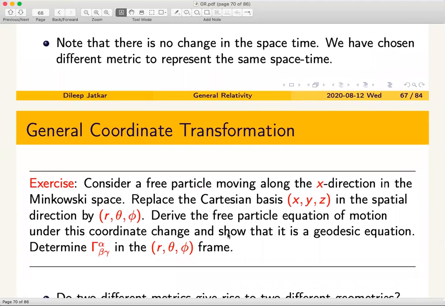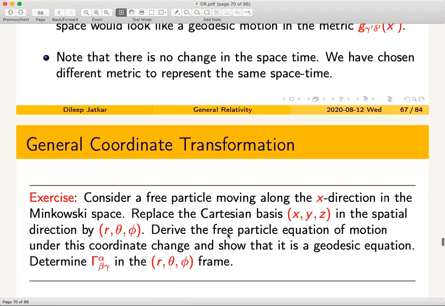So one simple exercise that you could do is the following. You consider a free particle moving in x direction in Minkowski space, but now you replace the Cartesian basis, which is x, y, z in spatial direction, by r theta phi. If you do that, then you can derive a free particle equation of motion under the coordinate change which takes you from the x, y, z coordinate system to the r theta phi coordinate system.